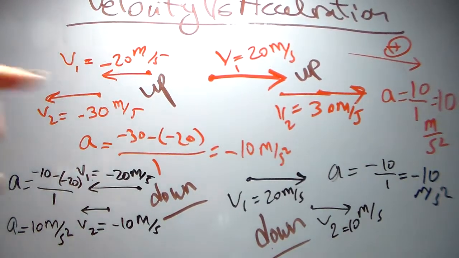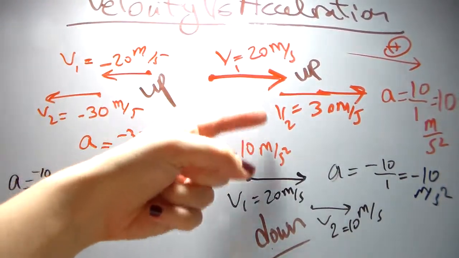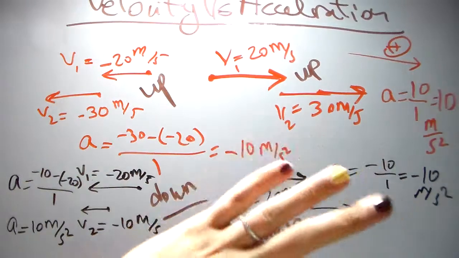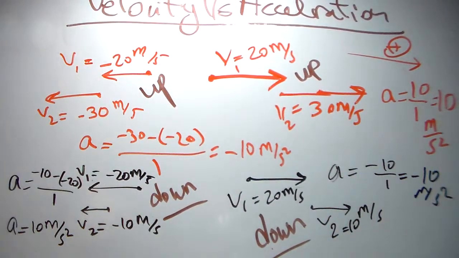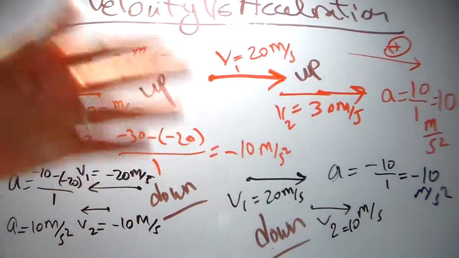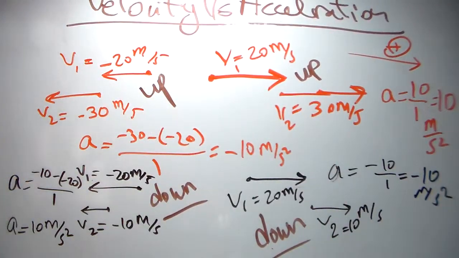So if you're moving towards the right and you set right to be positive, that positive is for the velocity and has nothing to do with the acceleration. For acceleration, you have to see how that positive velocity changed. Is it slowing down? Is it growing? What's happening to it? That's going to be your acceleration.